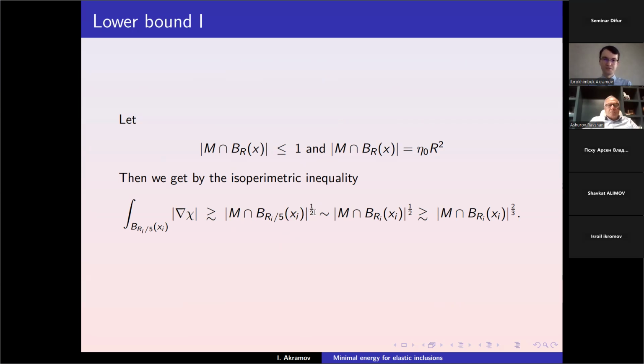Bigger than 1 over with the power 1 over 2, because it was d minus 1 over d. So d minus 1, this isoperimetric inequality. Then this is equivalent to m intersection with BRI xi to the power of 1 over 3. And since this thing is smaller than 1, we have that this is bigger than m intersection with BRI xi to the power of 2 over 3. So this case has been proved.